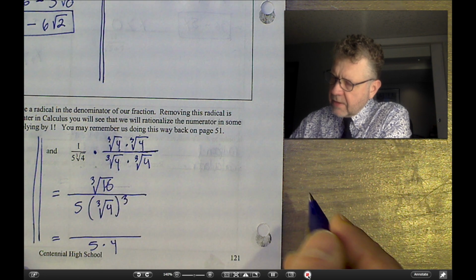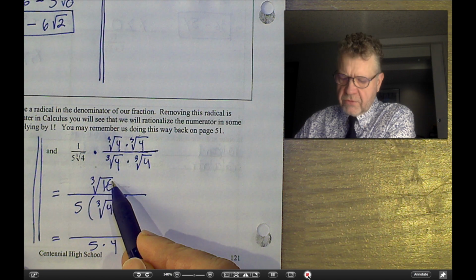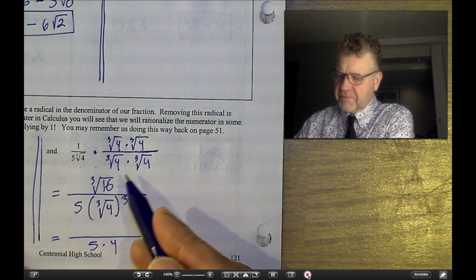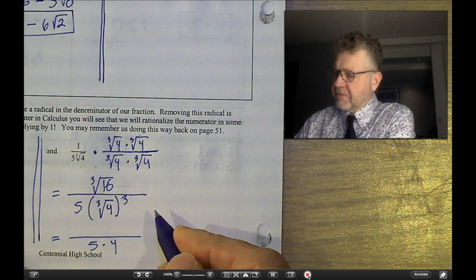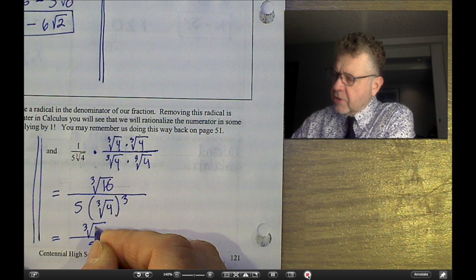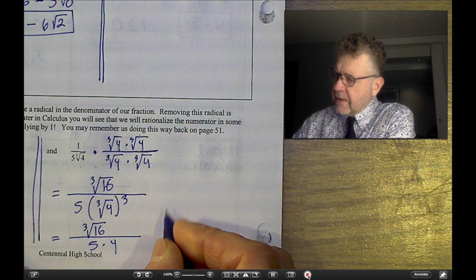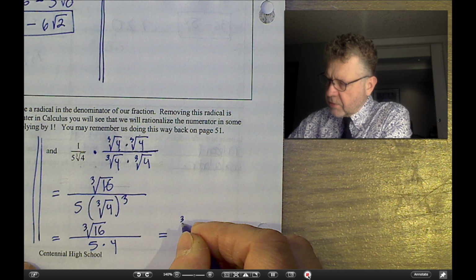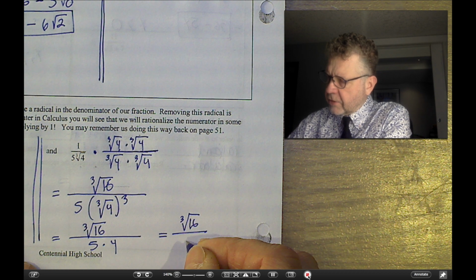Okay. There is nothing more I can do here, really. Well, there actually is, but let's just keep it simple. So let's put the 3 cube root of 16 up there. And this whole mess will be cube root of 16 over 20.